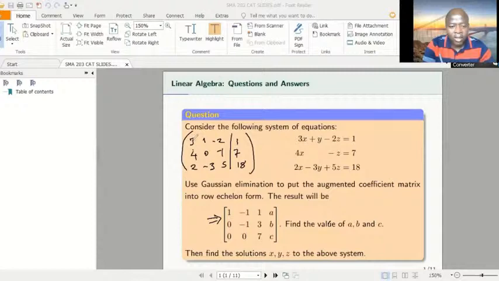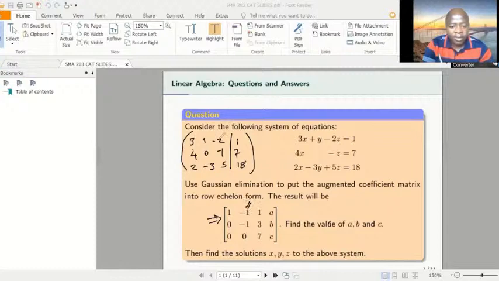So there are various ways of obtaining a 1 here. The first option may be to divide this first row by 3. And look at what you obtain when you divide by 3. When you divide by 3, there'll be 1 here, yes. But what about this? There'll be 1 over 3. That is not what we want. What we want is negative 1.